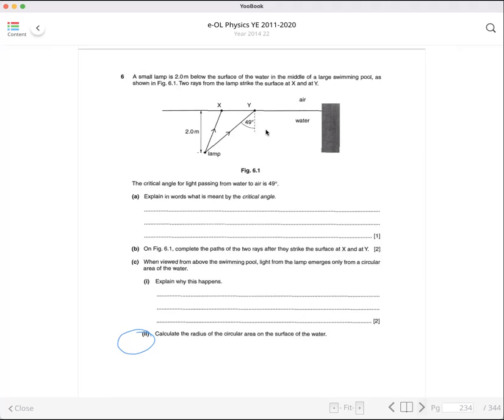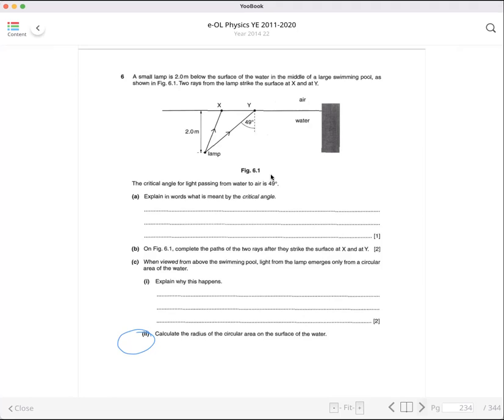Yiting, well done. Pei Guan, can you do part 2? Bei Guan, look at this question.